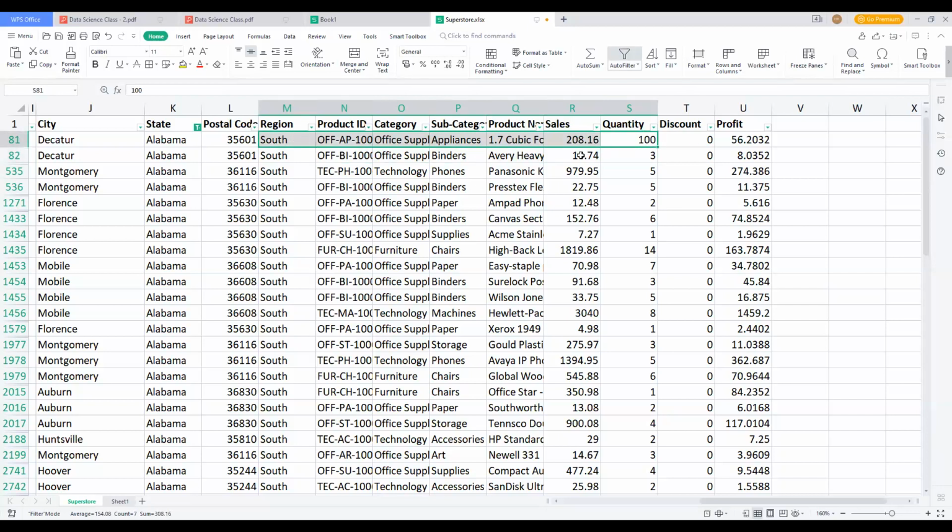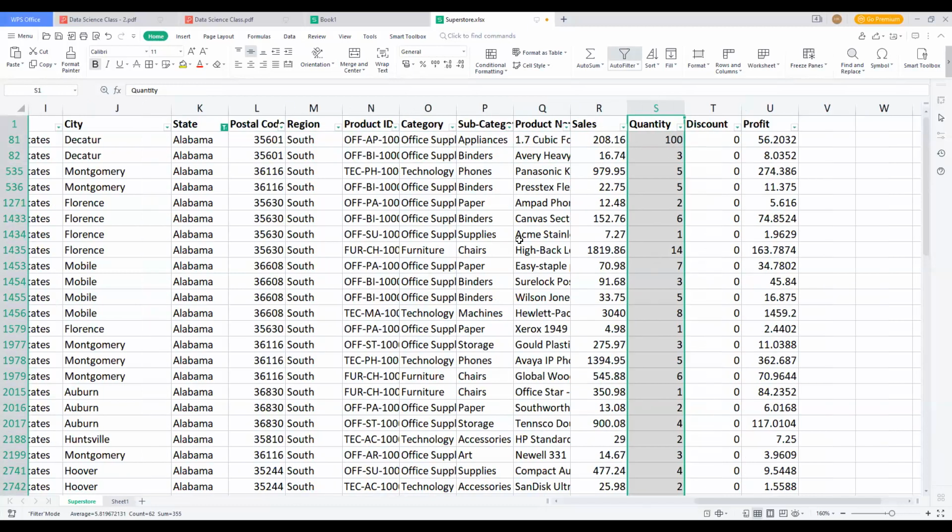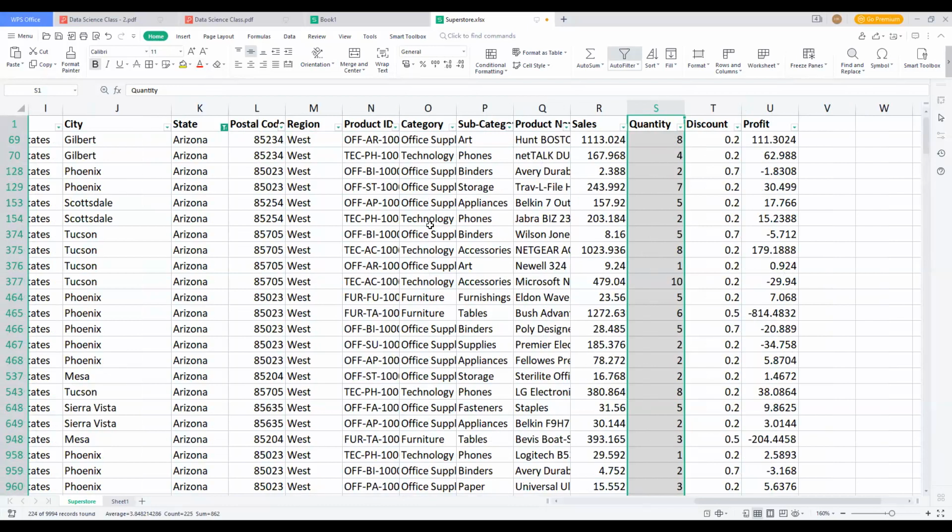In the same way, consider all the product information at a time, in one particular state, say Alabama or Arizona. Consider your franchise or branch is located in the Arizona state.